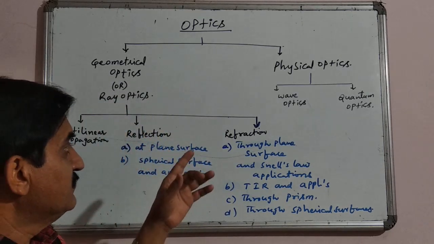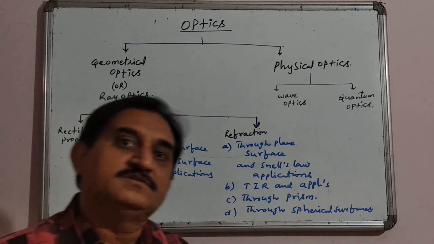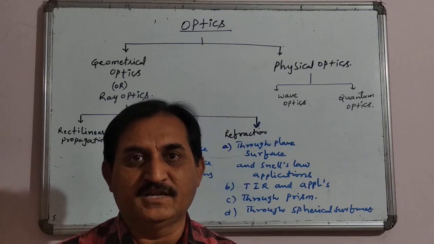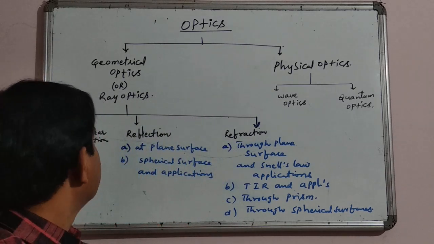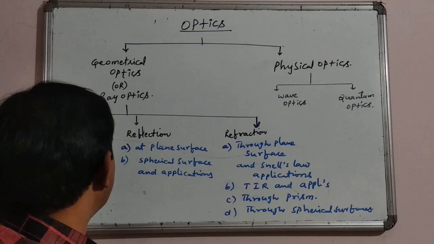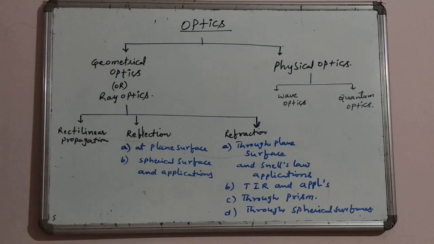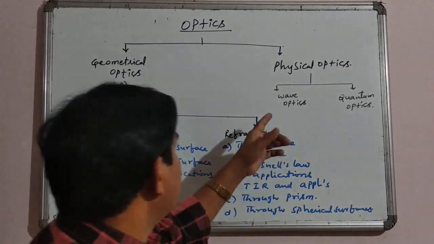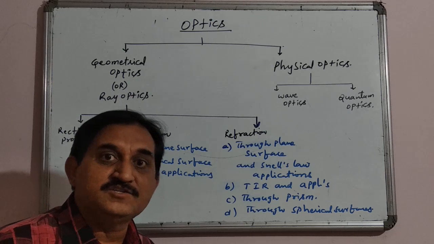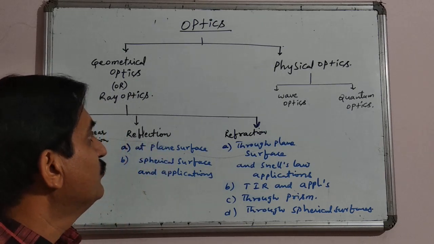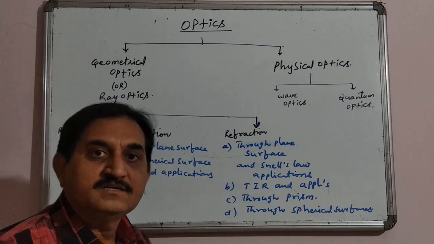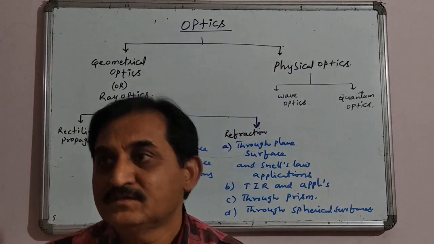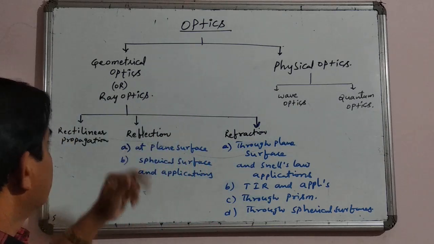Whenever the size of the obstacle or the opening is comparable to the wavelength of the light used, the ray optics or rectilinear propagation is ignored, and only the wave nature of light is used. Through wave nature we can discuss interference, diffraction and polarization. Right? Next we move on to reflection of light.